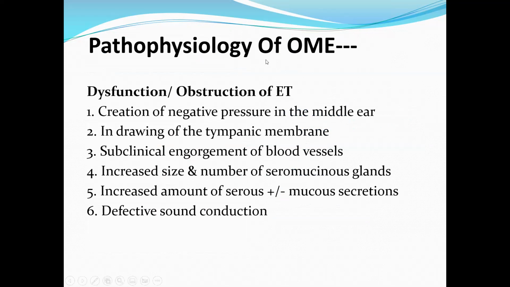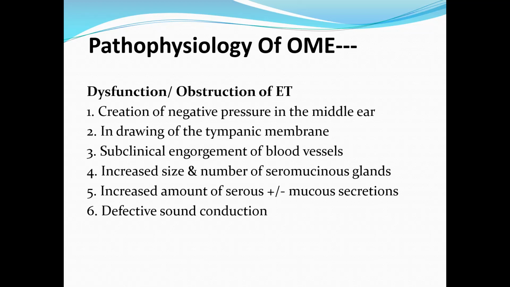So the main pathophysiology is dysfunction and obstruction of the eustachian tube. It will create negative pressure in the middle ear. This negative pressure will retract the tympanic membrane. There will be engorgement of the vessels. There will be increased intercellular distance and drainage of fluid from the blood into the middle ear.